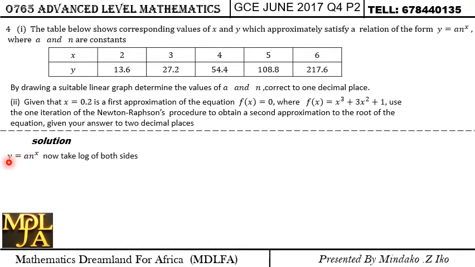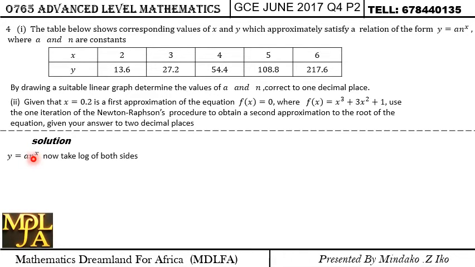So y equals a times n to the power x. This is the question that was given to us. This is an index equation, so we can take log of both sides of the equation, that is, we should linearize the equation.